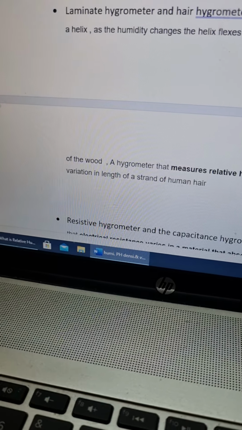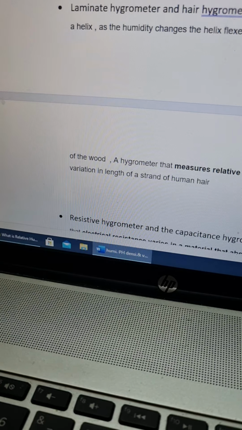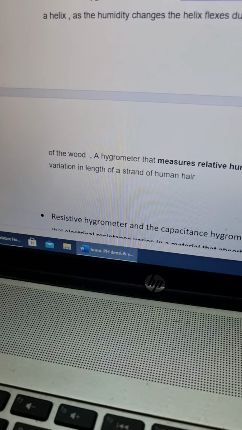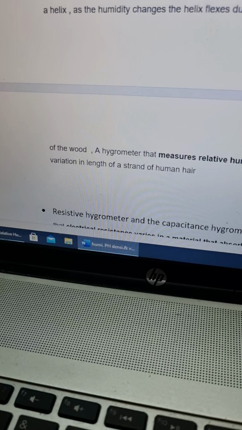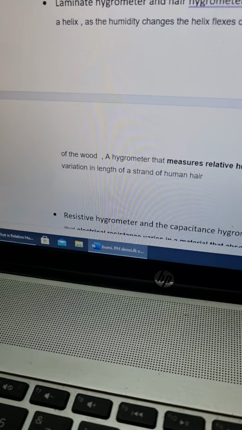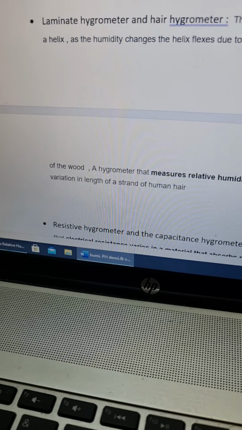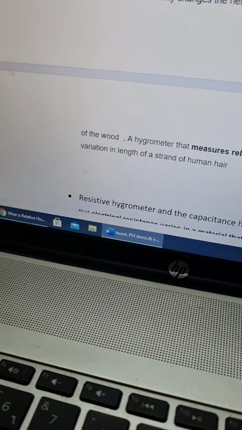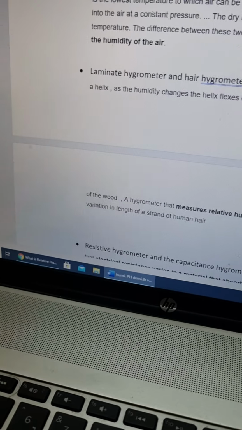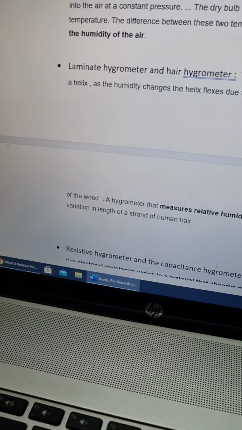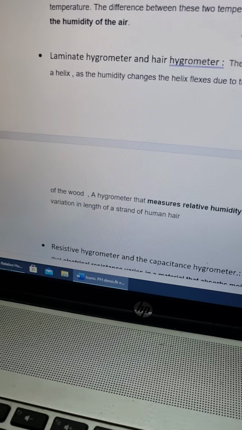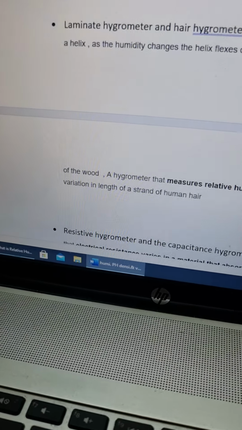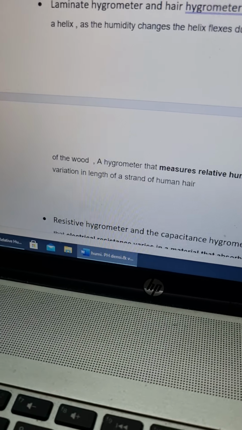Okay, laminate hygrometer and hair hygrometer. Laminate is formed into a helix, and as humidity changes, the helix flexes due to the change in length of the wood. So it's rotating. It's very old. There is a newer one, a hair hygrometer.